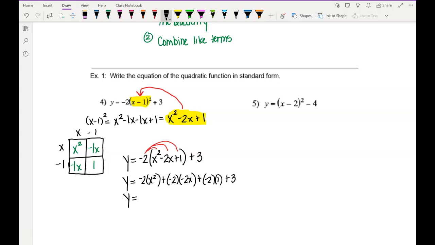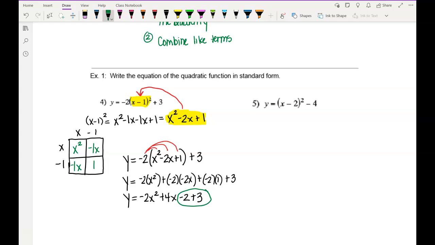So y equals negative 2x squared. Negative 2 times negative 2x is plus 4x. Negative 2 times 1 is minus 2 plus 3. And then we need to combine our like terms here. We got to make sure we combine the negative 2 and the 3.